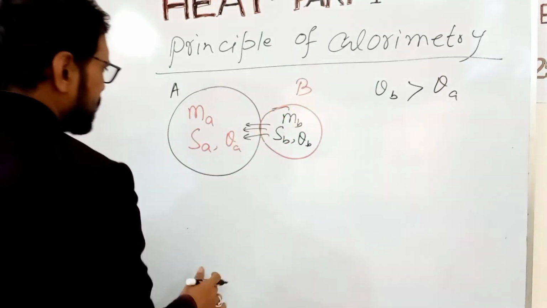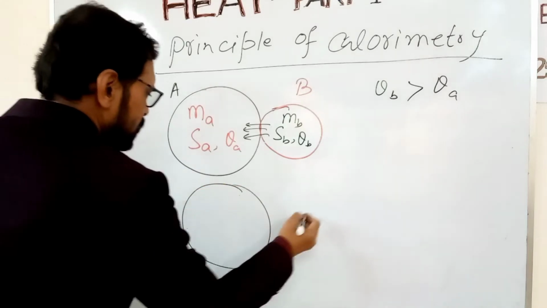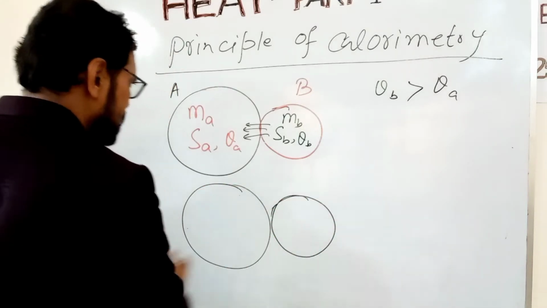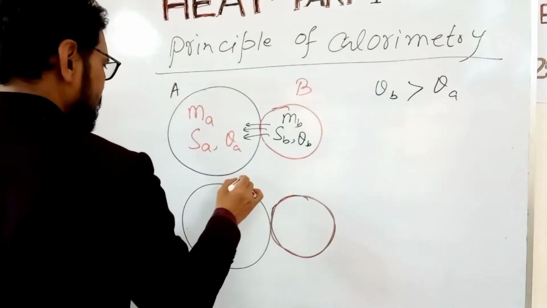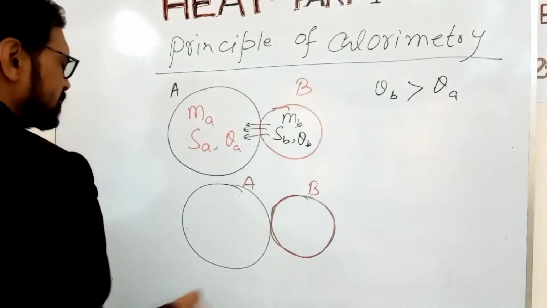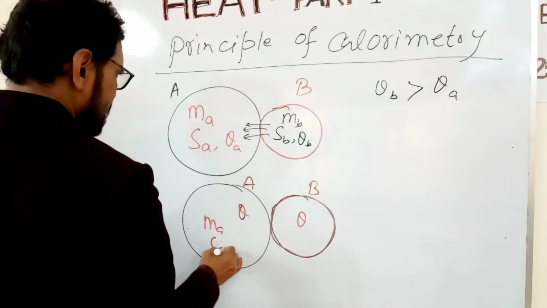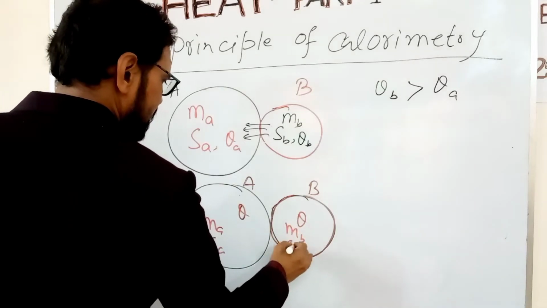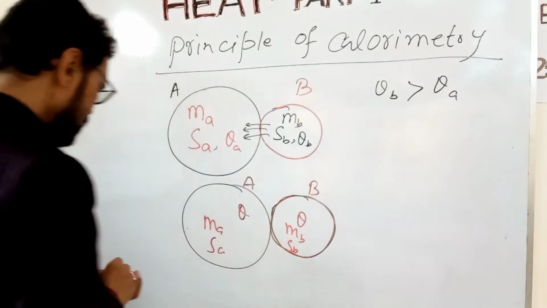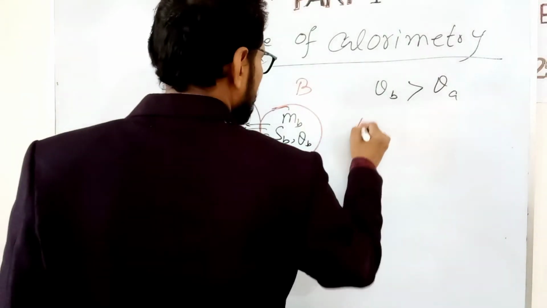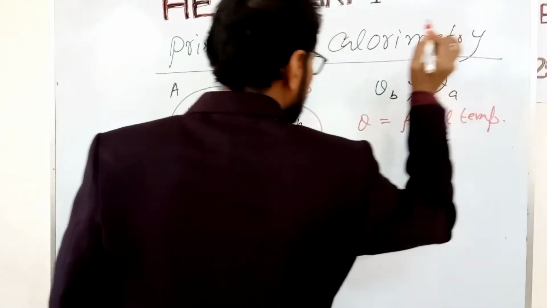So after some time, when thermal equilibrium is reached, the temperature of the two bodies will be the same. Suppose this is body A and this is body B, so the temperature will be the same, theta. So theta is the final temperature of the two bodies.